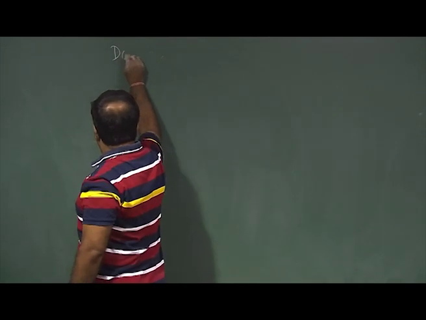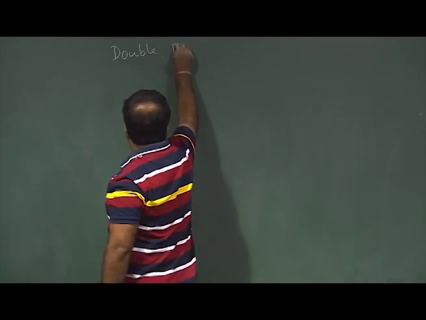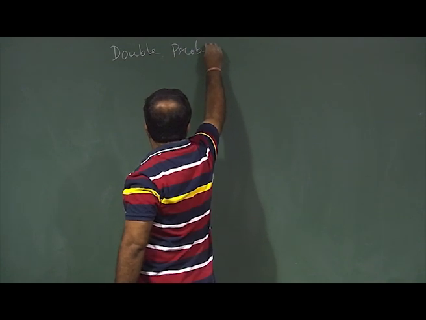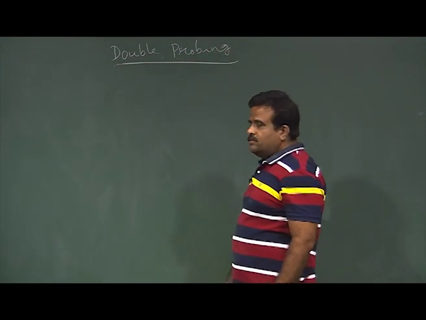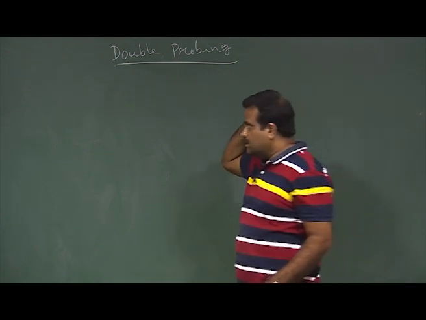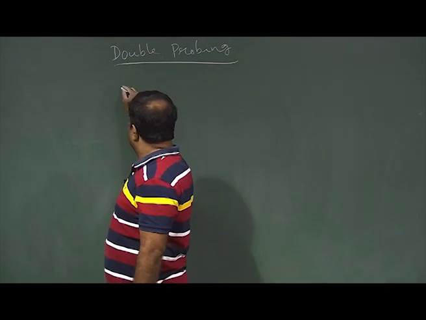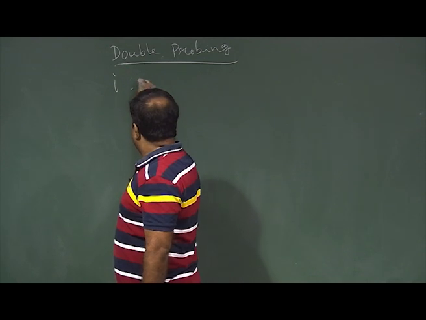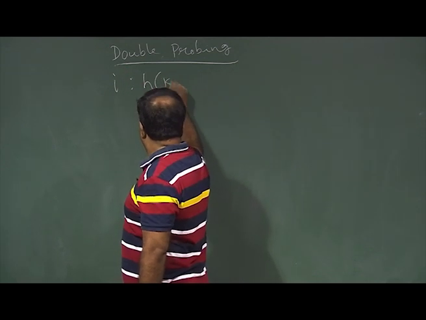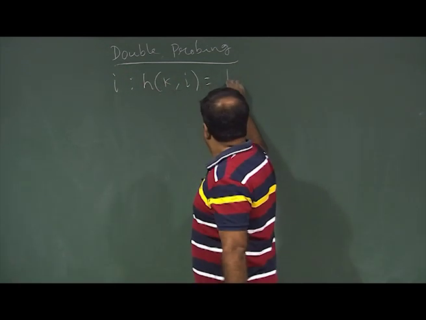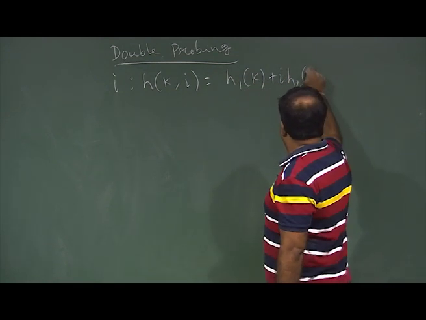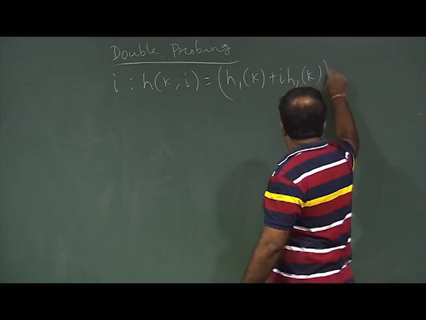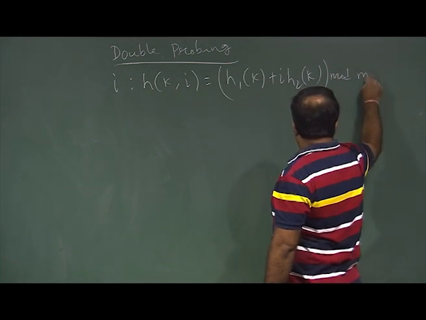In double hashing, basically we use two hash functions, h1 and h2. The ith probe is h1 of k plus i times h2 of k, mod m.